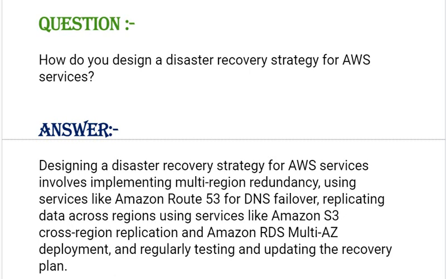Your answer should be: designing a disaster recovery strategy for AWS services involves implementing multi-region redundancy using services like Amazon Route 53 for DNS failover, replicating data across regions using services like Amazon S3 cross-region replication and Amazon RDS Multi-AZ deployment, and regularly testing and updating the recovery plan.